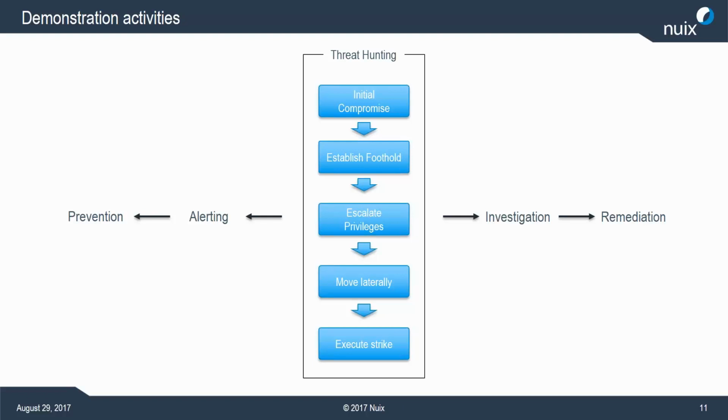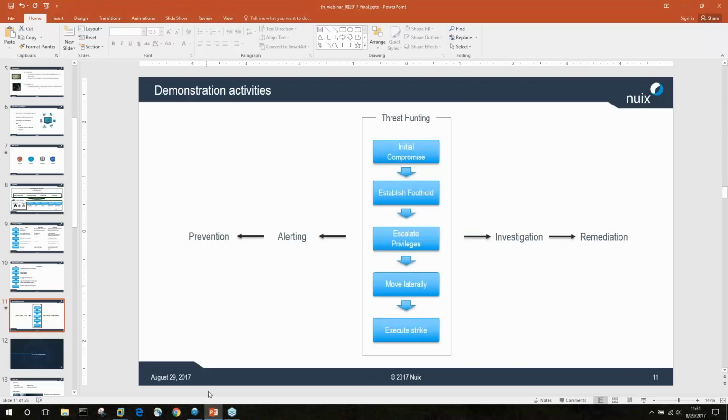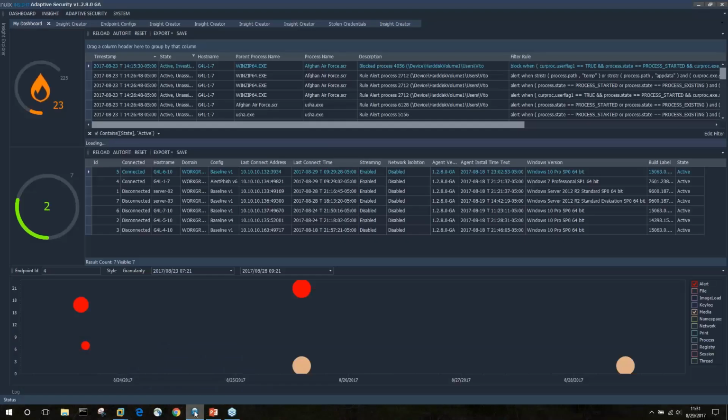No, you didn't leave anything out, but I would just reiterate that you can almost call these the four corners of information security: the prevention, the alerting, the investigations, and the remediation. All four of these are very important, and a good endpoint security tool can definitely help with all four.